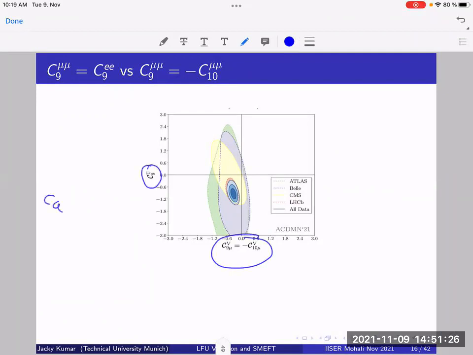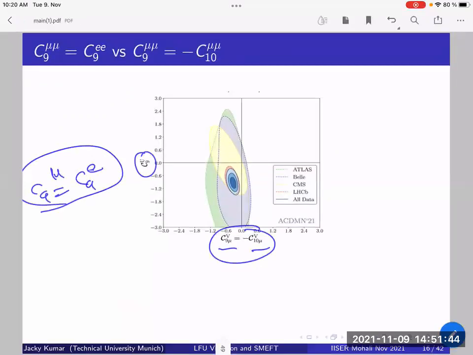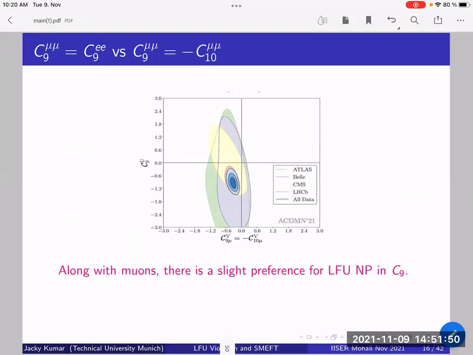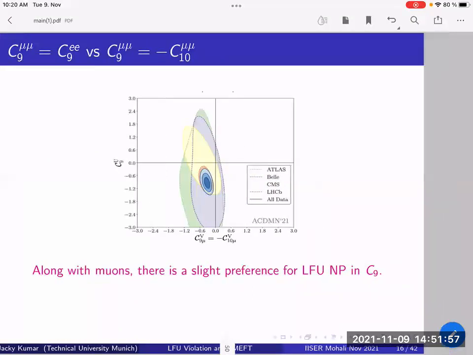C9 universal means C9 mu is equal to C9 E. So in addition to this non-universal component, C9 equal to minus C10 muon, they also allow new physics in the universal C9 equal to minus C10. As you can see, the fit prefers a non-zero value of C9 universal. So along with muons, there is a slight preference for new physics in C9 universal.